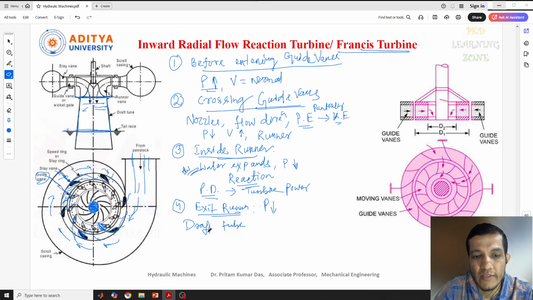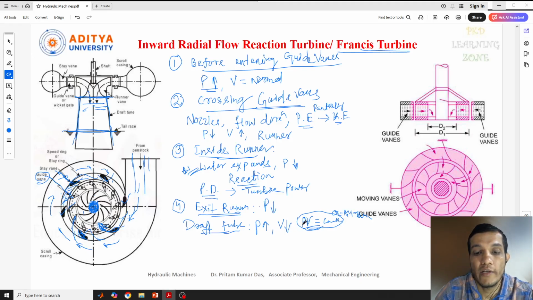As I told you previously, the draft tube is gradually increasing in area, so the area is more here, so that the pressure started increasing at this point and velocity started decreasing, because we know, as per the continuity equation, Q equal to AV, not PV, this is AV, actually A1 V1 equal to A2 V2.